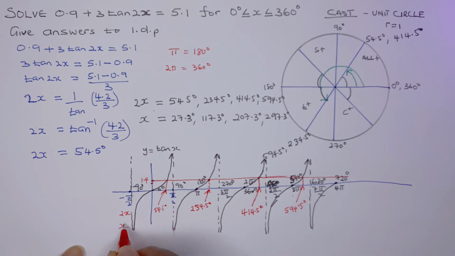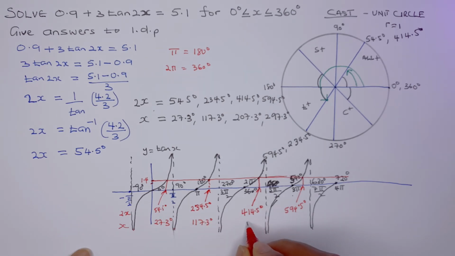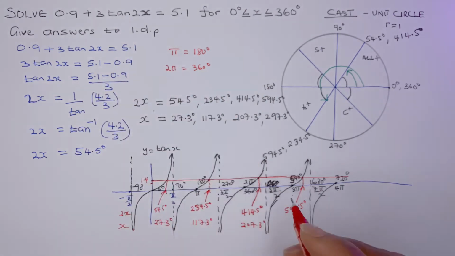And for x, you divide by 2, so you get 27.3 degrees. And you divide that by 2, you get 117.3 degrees. Divided by 2, 207.3 degrees. It's 2.25, we'll just round it to 3 because we have to put the answer in one decimal place. And divided by 2, you get 297.3 degrees. And that's the solution we're looking for.